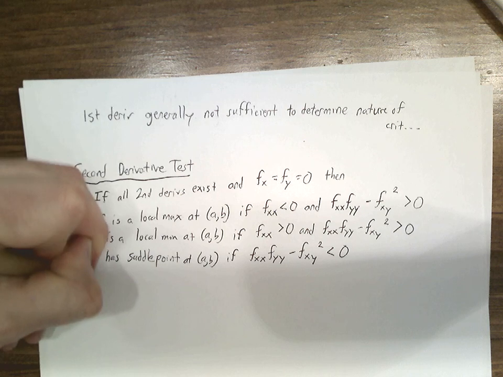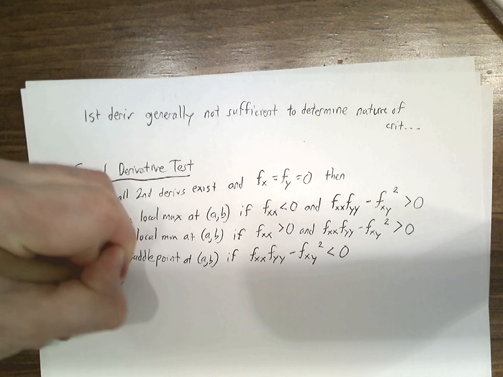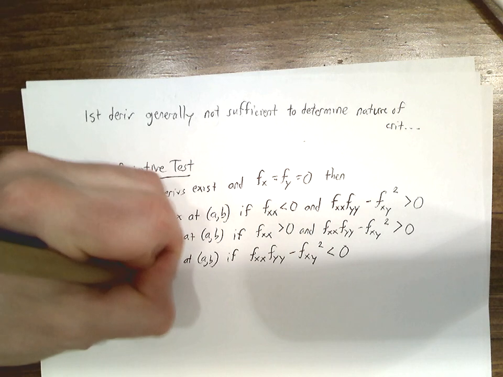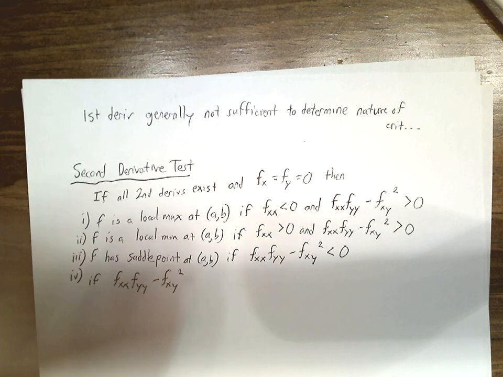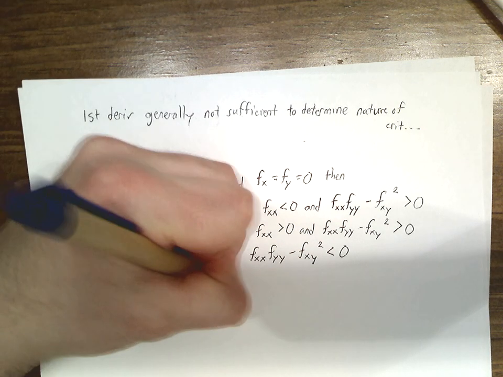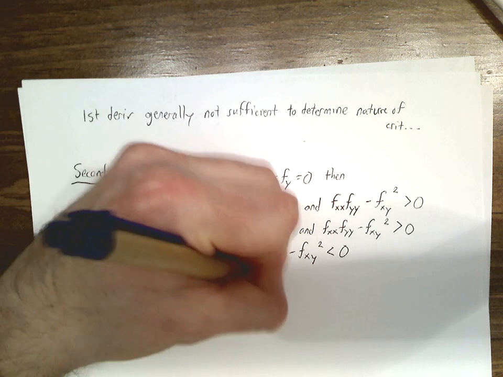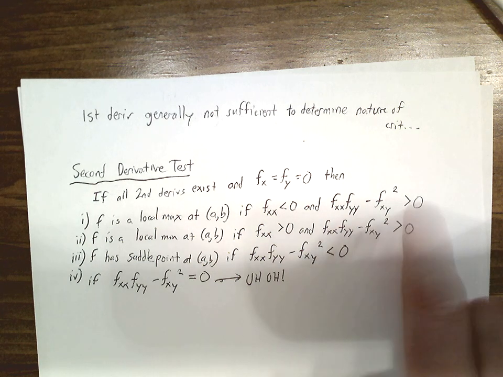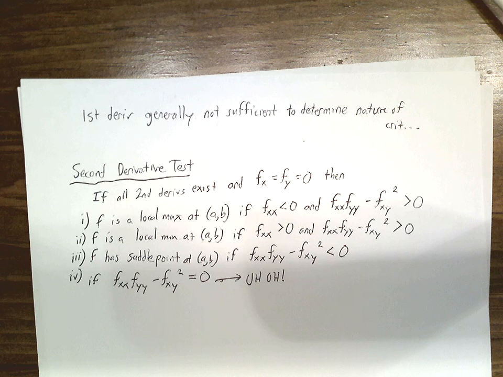If we end up with our fun quantity exactly equal to 0, it's inconclusive. We need to find another test. Maybe we'll look at the structure more carefully and see what kind of point it is. But hopefully it ends up being in one of these first 3 categories, and we can classify that point like we want.